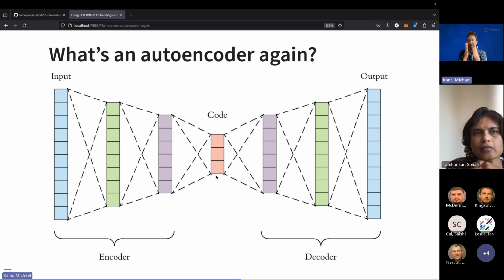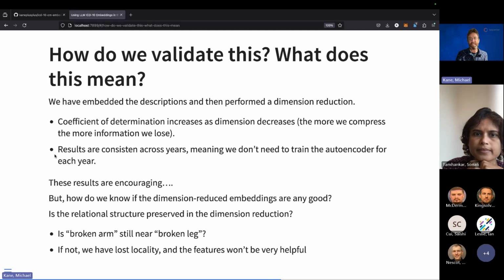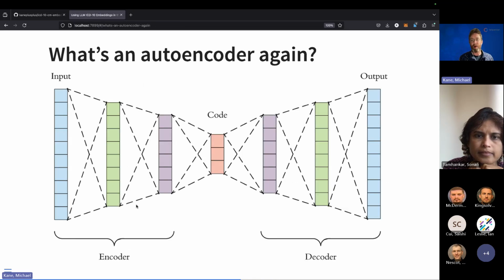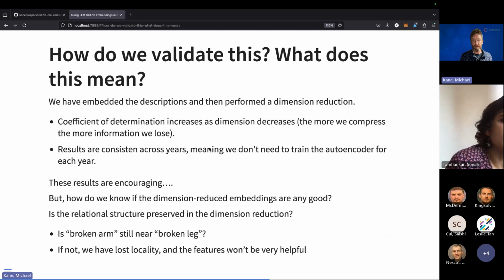Just because I have a good compression doesn't mean I'm maintaining all the relationships that were in the original data. So what we really needed to do then is think about how do we validate this? How do we say, if I want to use this lower dimensional representation, that it's actually going to maintain those semantic relationships within the data?